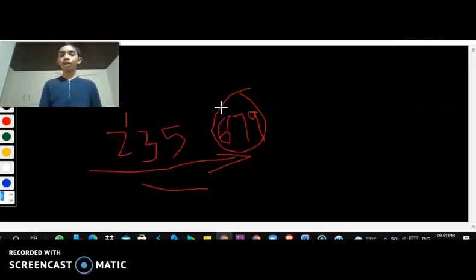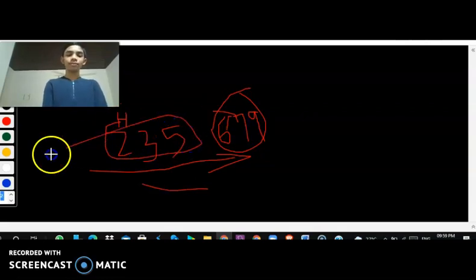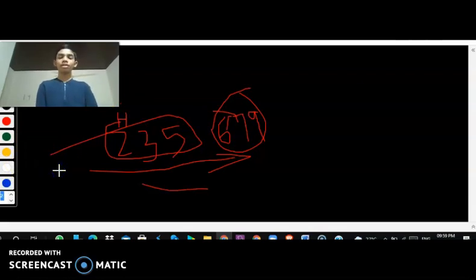So we have noticed that this 2 is smaller than the 6. So 235 is smaller than 679. So we have found a trick to compare numbers.